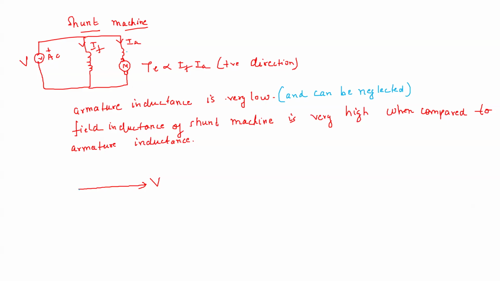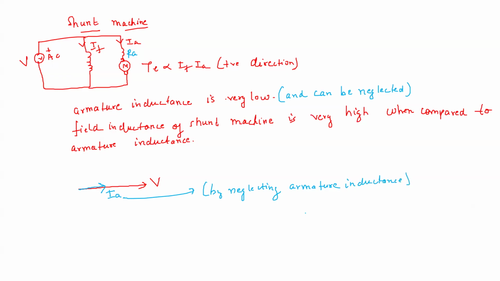So we are assuming that there is only armature resistance here. Because it is resistance and we know that the voltage and current for a resistance are in phase, let us suppose IA is in phase with voltage. So this is how I have done it, by neglecting armature inductance.